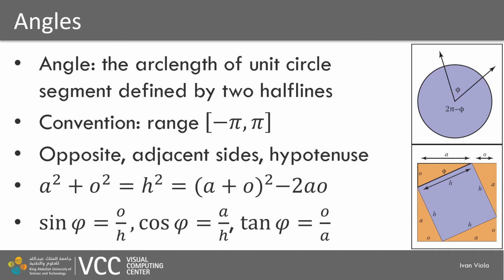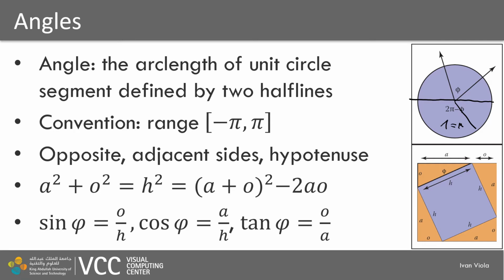So an angle can actually be defined as a length on a unit circle. A unit circle is a circle, which I will just draw here on this existing drawing. It's a circle which has a radius of length 1. So I will draw it here, r equals 1.